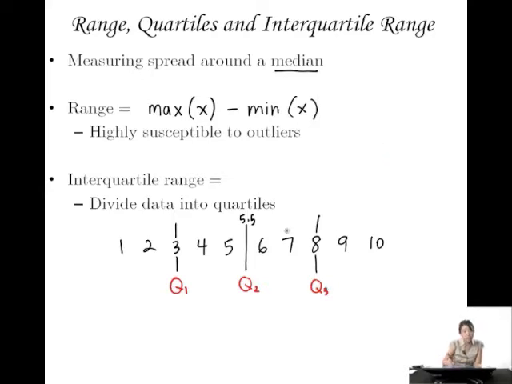And so first you divide the data into quartiles, and then in order to get interquartile range, you're sort of lopping off these guys on the end, like the end of bread or the end of a cucumber, like we're just chopping it off and casting it aside, just in case there are some extreme outliers, right? So here, what we do is then we take Q3 minus Q1, right? So in this case, it would be 8 minus 3, and the interquartile range would be 5, right?